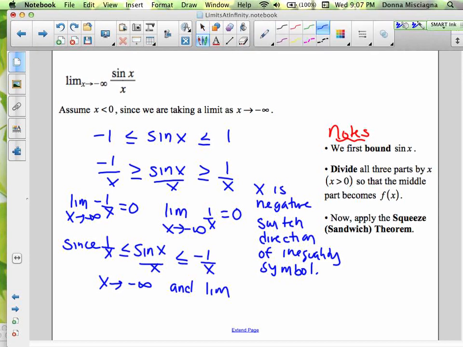Since 1 over x is less than or equal to sine x divided by x, which is less than or equal to negative 1 over x, as x approaches negative infinity, and the limit, actually I'm going to run out of space over here, I'm going to just move down one row, and the limit of negative 1 over x as x approaches negative infinity equals the limit of 1 over x as x approaches negative infinity.